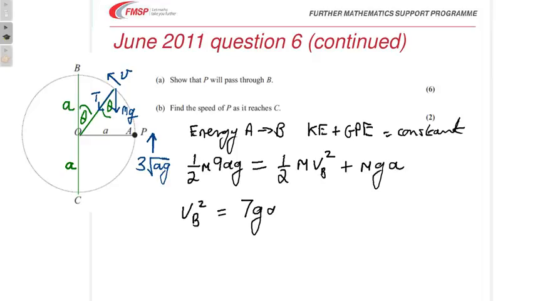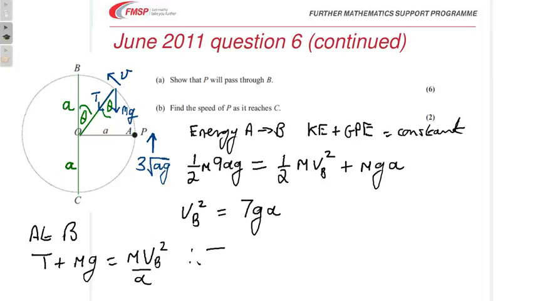Now, what's missing? We don't know if it performs a complete circle, if it actually gets right to the top with tension still in the string. So we've got to show that with that vB, it would be enough to keep it in circular motion with tension T greater than 0. At the top, at B, the equation of motion towards the center is T plus mg equals m vB squared over a.